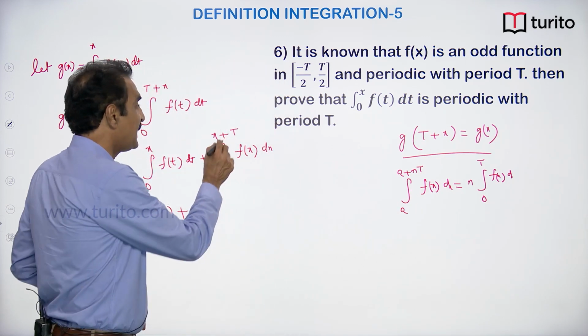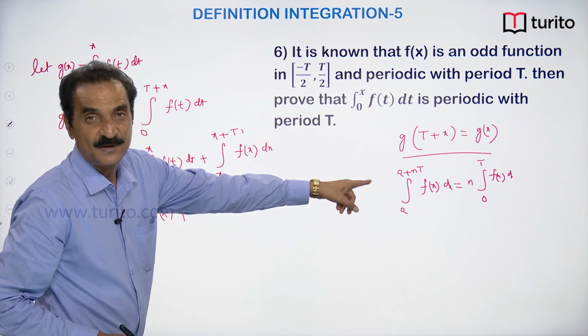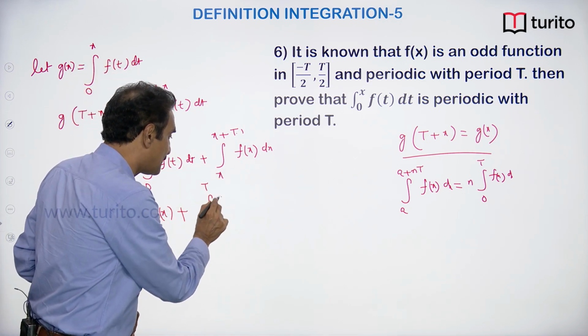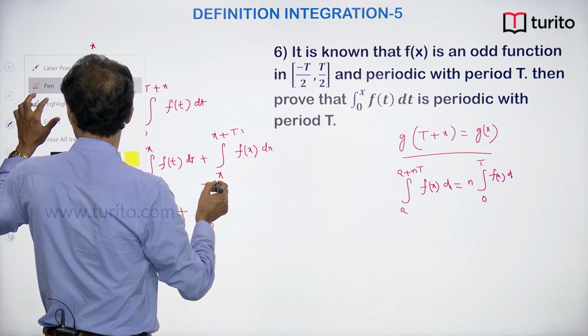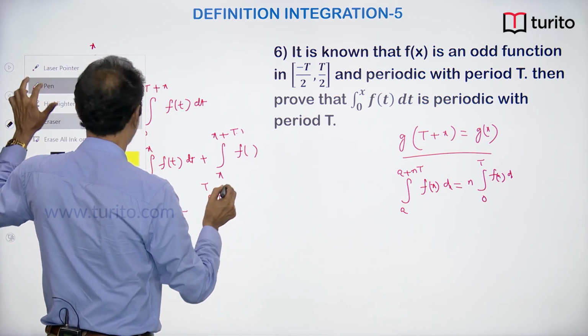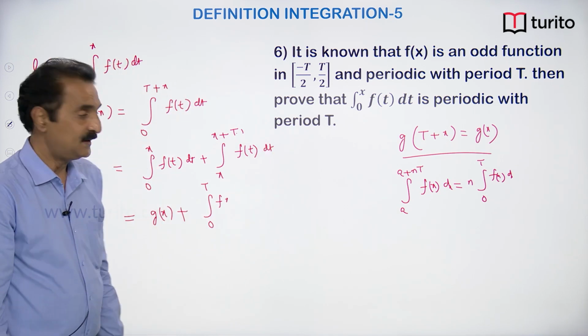Here we can write T as T into 1 and applying that property, this will be equal to the integral 0 to capital T f of t dt.